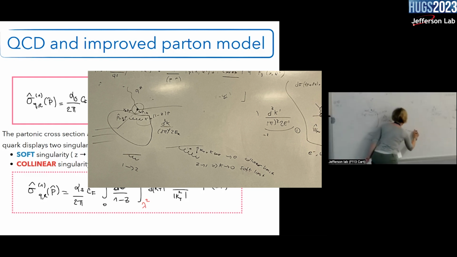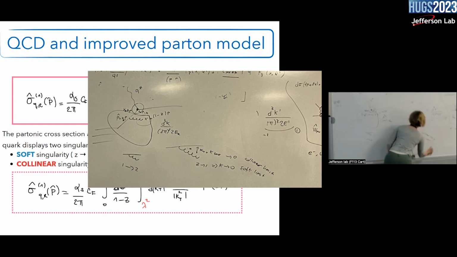So the limit kt to 0 corresponds to the collinear limit, in which the gluon is emitted collinearly to the parton that has emitted it. And then there is the other limit, which is the limit z to 1. Remember that k is (1 minus z)P. So z to 1 means that k goes to 0. It means that the momentum of the emitted gluon goes to 0. This is the soft limit.